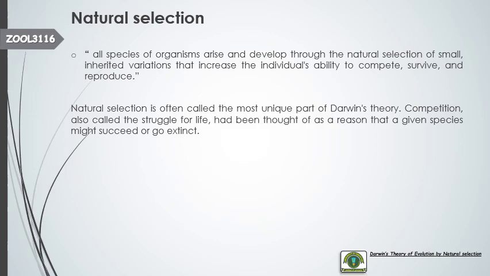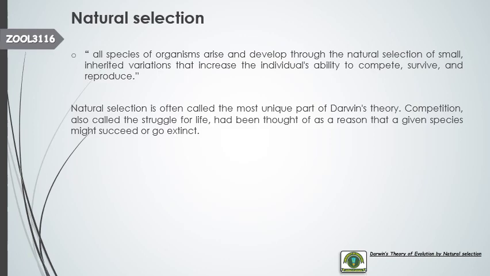Individuals adapt themselves to changes in the environment, and the environment selects only those individuals that can adapt to propagate further in life, right? Those individuals have variations that are favorable to nature. These variations are passed on to the next generations, and ultimately the whole population adapts itself to the environment. So natural selection is often called the most unique part of Darwin's theory.